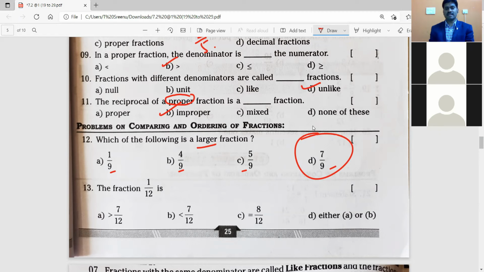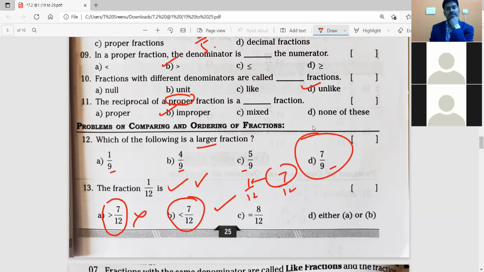And the fraction is less than 1 by 12. 1 by 12 is greater than 7 by 12? No. Less than 7 by 12? Yes. Only B is correct. Only B is correct, because 1 by 12, 7 by 12, this is big, so obviously this becomes small.